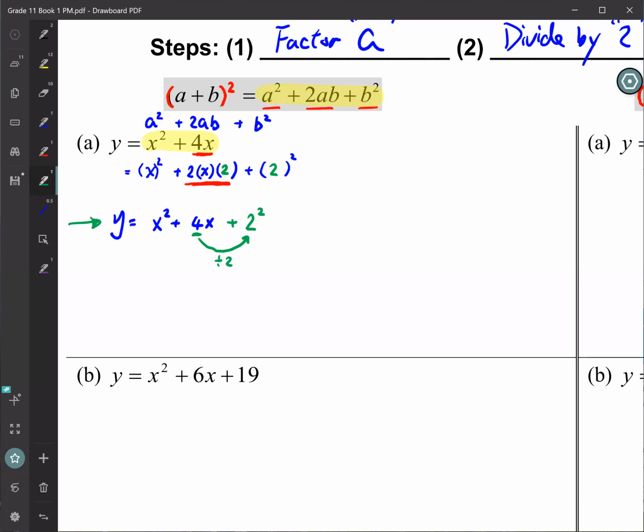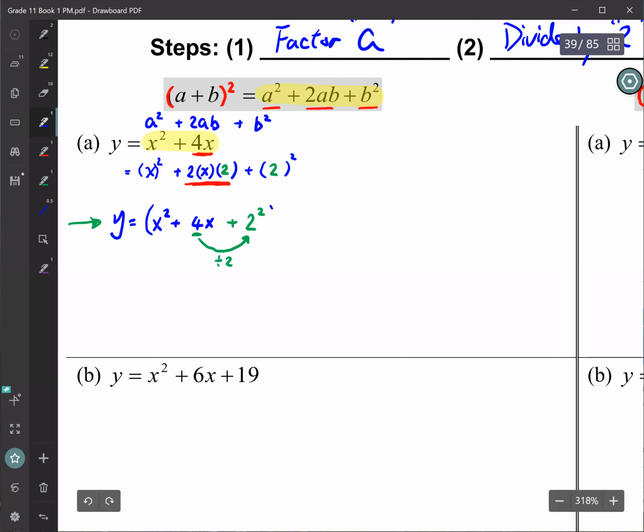Then you know you need to add a 2 squared. If the middle term is a 6, then you will add a 3 squared. If the middle one is a 10x, then you need to add a 5 squared. Is that clear?